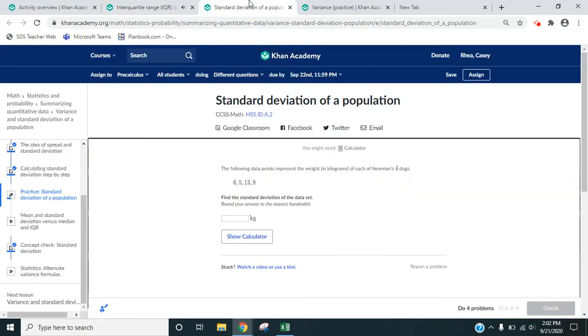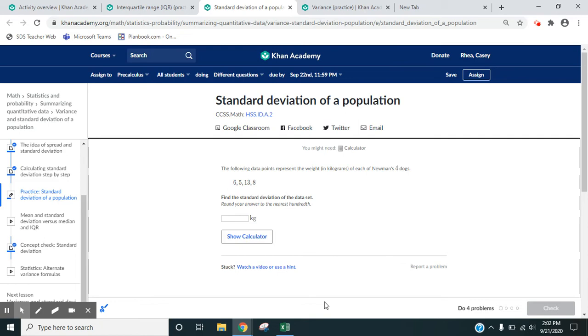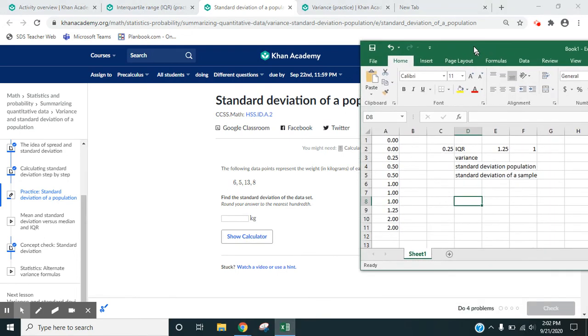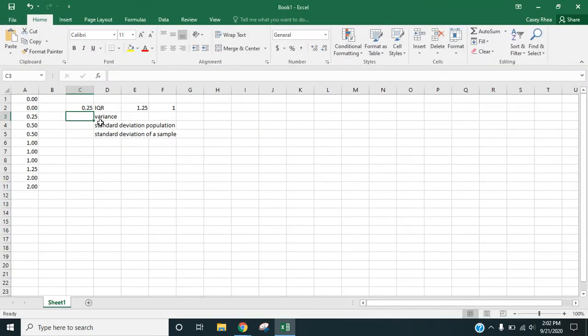Next assignment is standard deviation. So standard deviation of a population. I'm going to go ahead and use the same numbers that I have on this Excel sheet. If I wanted to do standard deviation of a population, I'm going to go down here.